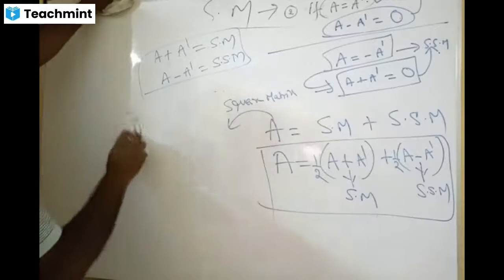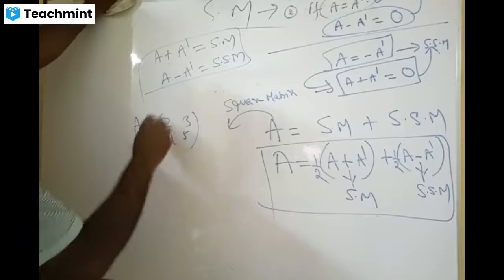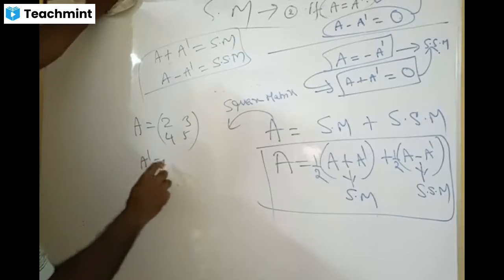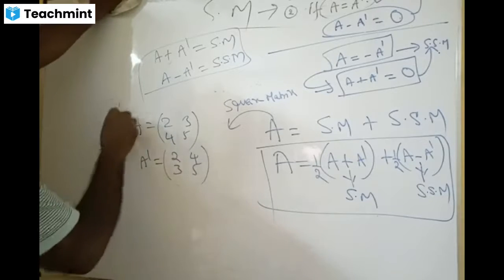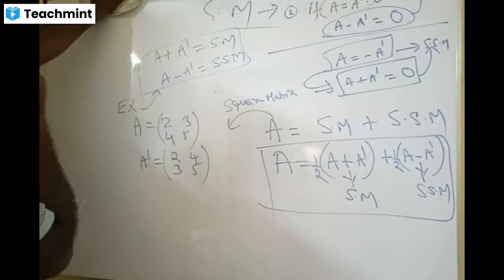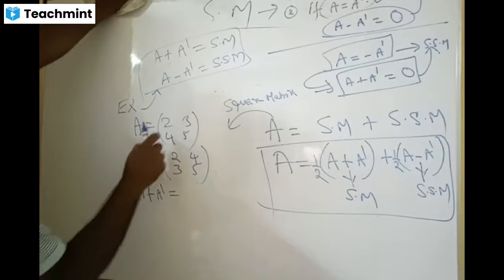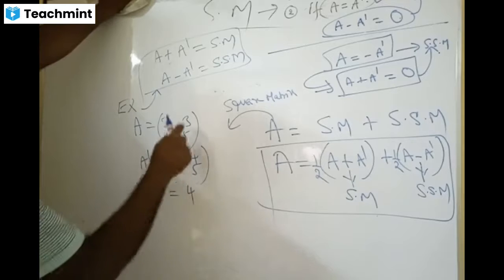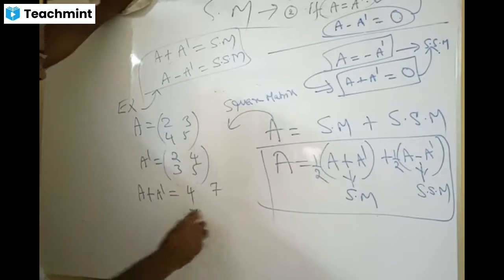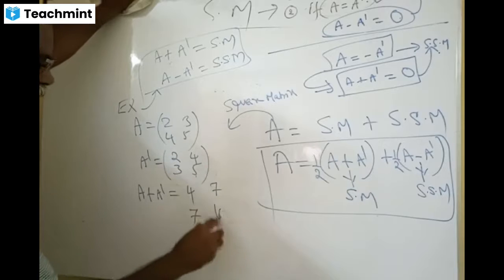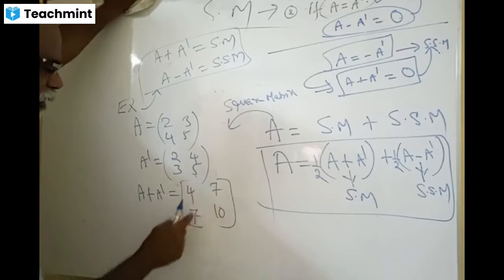Take a small example now: A is 2, 3, 4, 5, arranged as rows 2, 3 and 4, 5. What is A dash? 2, 4, 3, 5. Do you all agree? I am just giving an example of how A plus A dash is a symmetric matrix. Tell me, what is A plus A dash? 2 plus 2, 4. 3 plus 4, 7. 4 plus 3, 7. And 5 plus 5, 10. Is A12 equal to A21 or not?